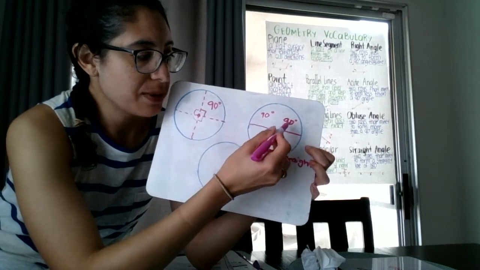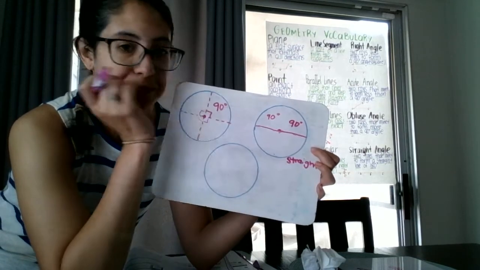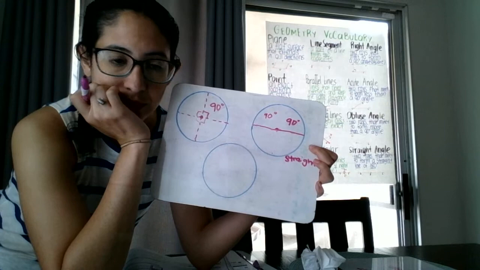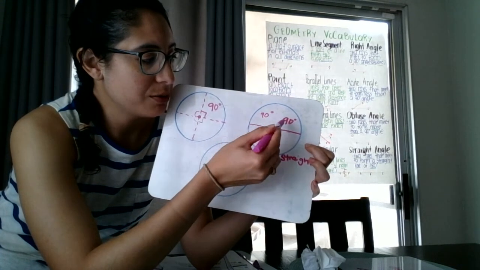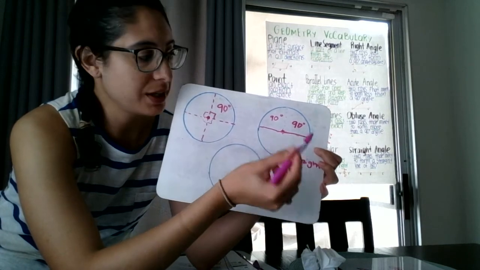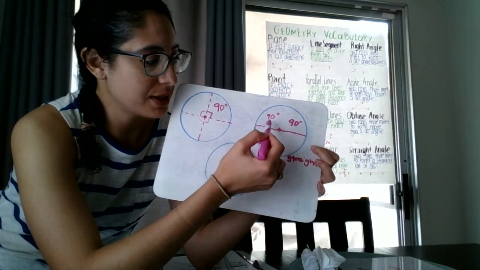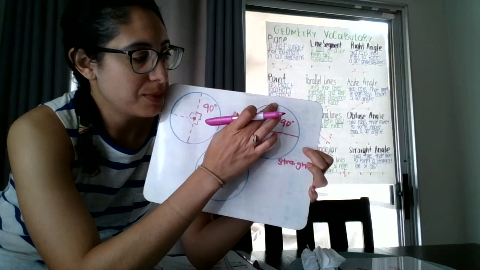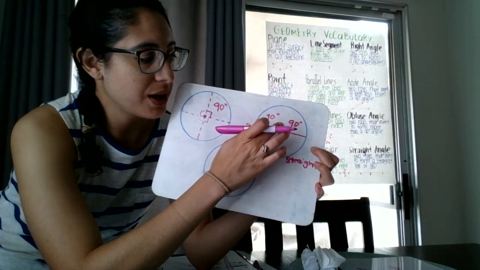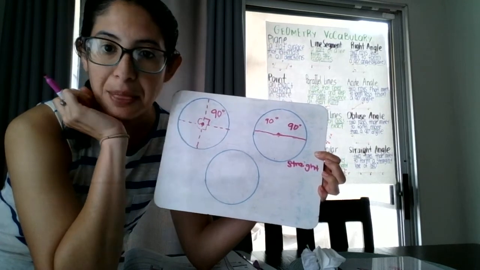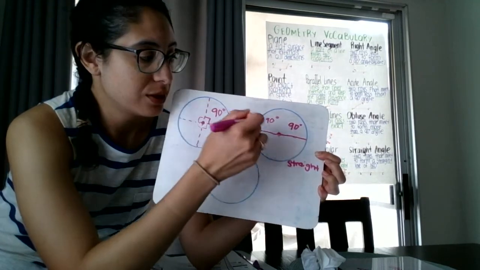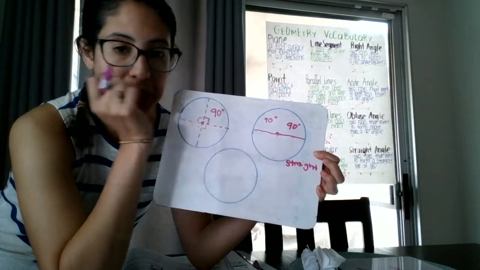So what can we say about straight angles looking here? Before, when it was like this, it was 2 right angles, right? This side measured 90 degrees and this side measured 90 degrees. But I took that away and now it turned into a straight angle. What can we say about the measure of a straight angle?